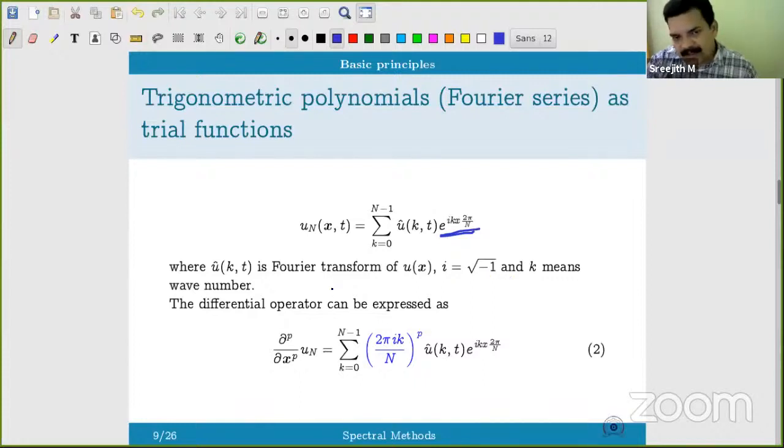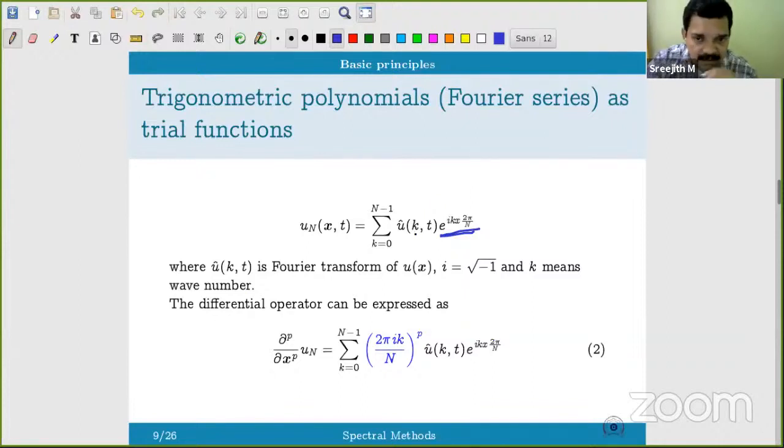If you want to find the spatial derivative, you can directly find the p-th derivative of un. It is the sum over k equal to 0 to n-1 of 2 pi ik by n whole raised to p, u cap k,t, e raised to ikx 2 pi by n.